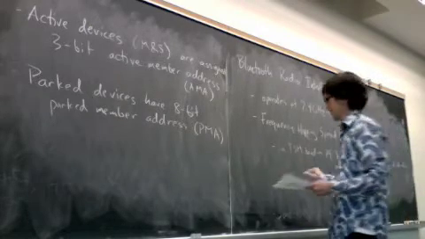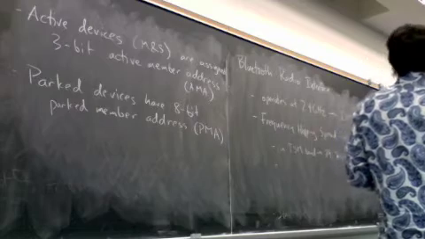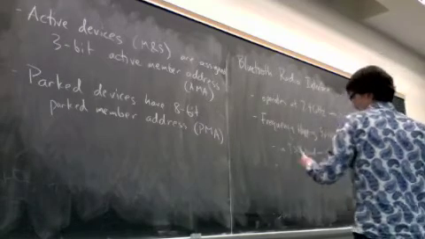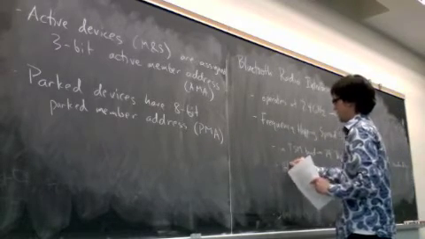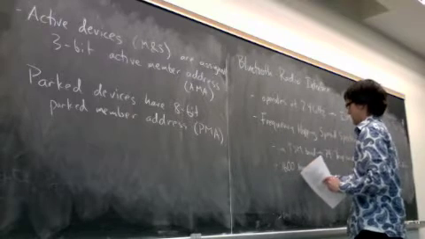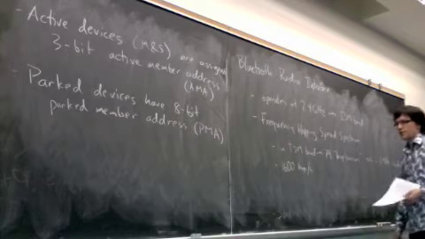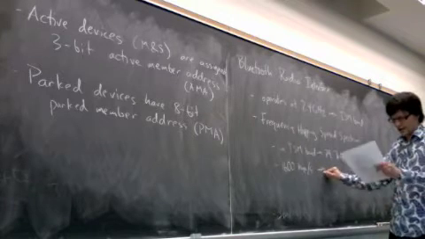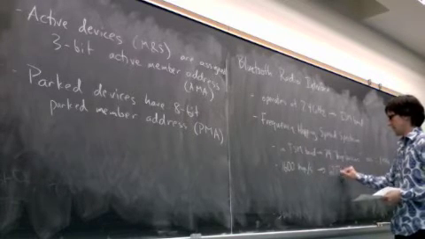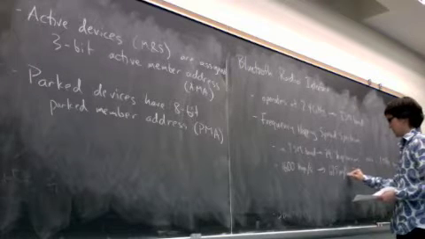And then we randomly hop from hop carrier to hop carrier at a rate of 1,600 hops per second. If you take the reciprocal of that, it is 625 microseconds per slot.